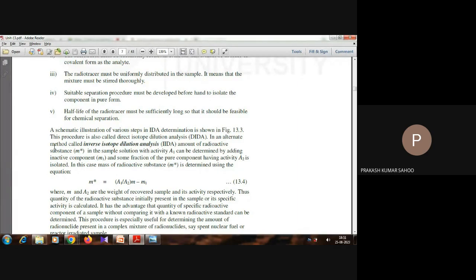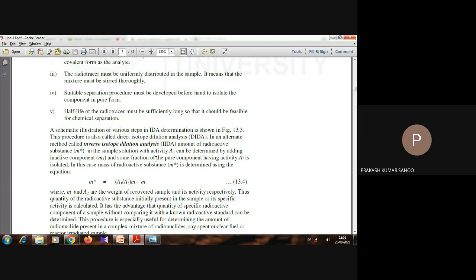In an alternate method, that is the inverse method, the amount of radioactive substance in the sample solution with activity A1 can be determined by adding inactive component M1 and some fraction of the pure component having activity A2. In this case, M star equals A1 by A2, M by M minus M1. So here the indirect method is applied for the measurement of the activity.